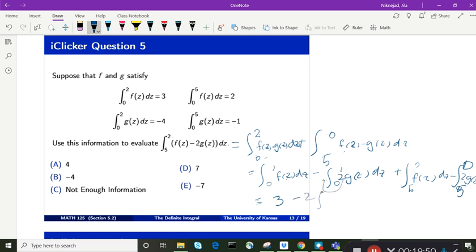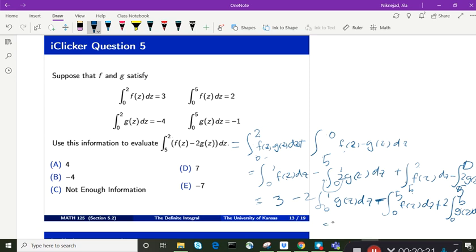Then what you end up with is 0 to 2 of g of z dz plus integral 5 to 0, and that's the negative integral 0 to 5 of f of z dz, and this one also 2 comes out, and the other property is the sign changes, 0 to 5 of g of z dz.